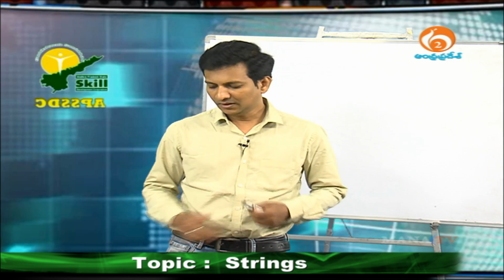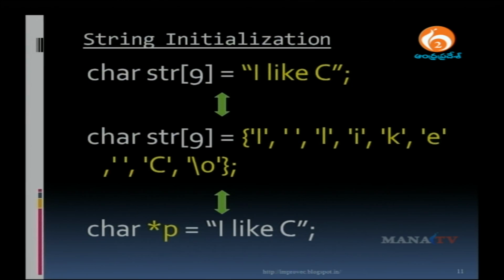So today also we will go for some more string initialization. Let us see the PPT so that you will understand the initialization. Here char str[9], where 9 is the size of the string.